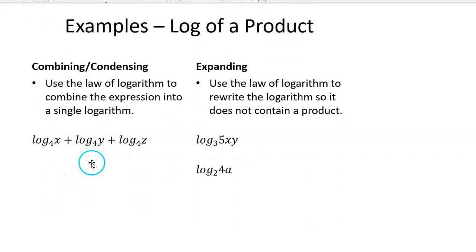On the left side, you can see that we have three terms, 1, 2, 3. And we're trying to get this into a single logarithm, which means one term. Since these are all base 4, we can combine these together, so it'll be a logarithm base 4.